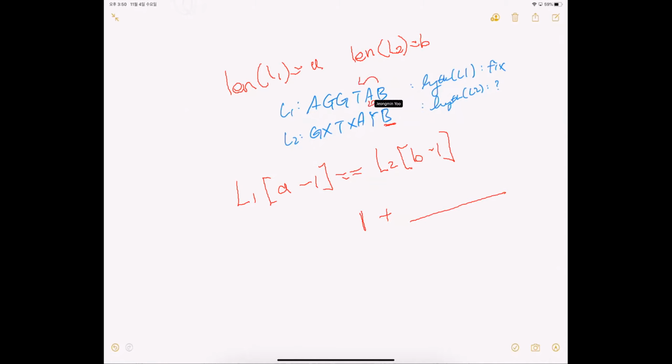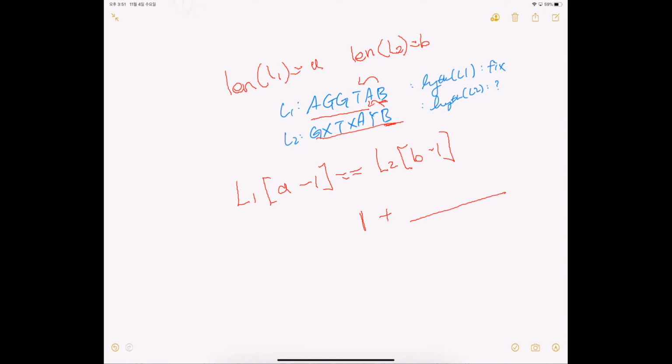But if they are not the same, then compare another, this one and this one. I don't know how to write, but okay.